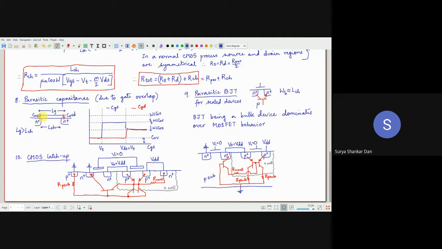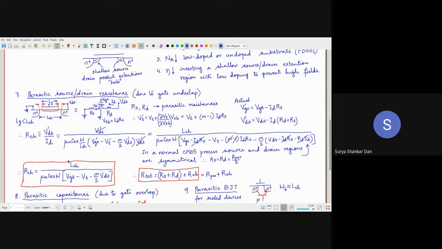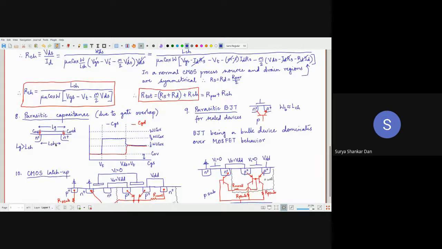So there is no point in a self-aligned process, and if it is not a self-aligned process, then there is a high probability of getting an underlap or overlap. So the probability of having parasitics will be much more in the short channel device. Again, coming back to the same thing, long channel devices are much more robust than the short channel devices. This is also one part which we already know, so I am not going into this anymore.